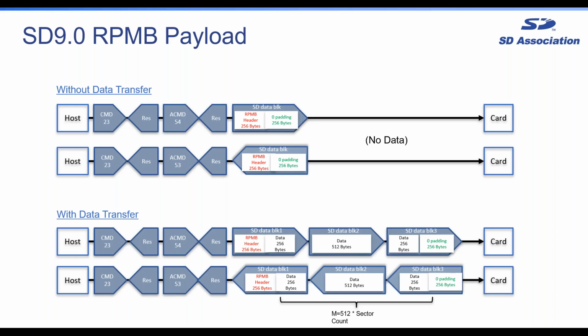And below, you will see a sequence with a data transfer. And keep in mind that the chunks of data need to be in 512 byte sectors. So anytime the bulk is not completed, we add some padding bytes to maintain those 512 count.